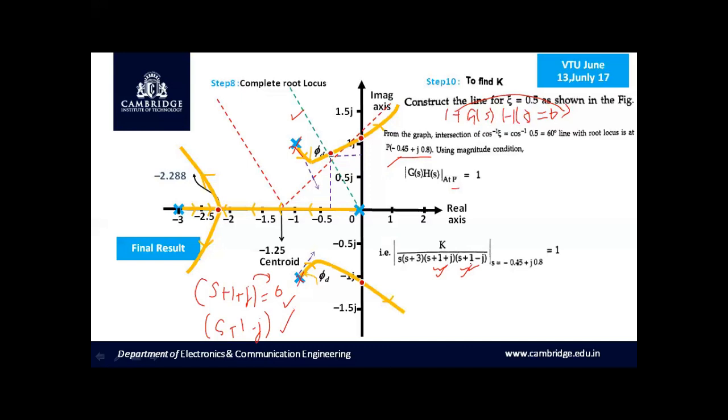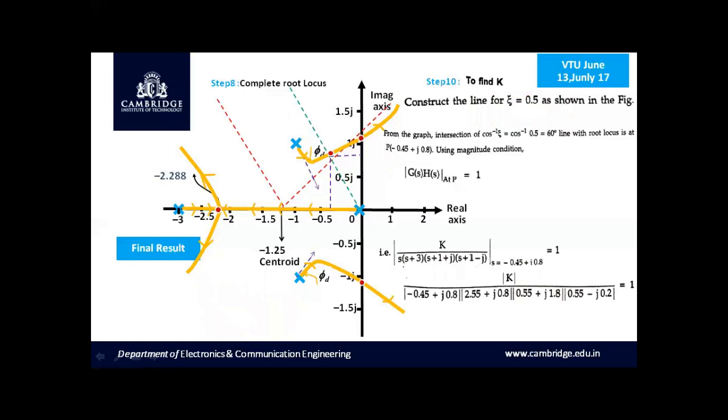And exactly at a point P, which is given by minus 0.45 plus j into 0.8, we now have to replace s by this complex point, minus 0.45 plus j into 0.8. So let us substitute for it. The first term s has been replaced by minus 0.45 plus j into 0.8, modulus of; we have to take modulus throughout.